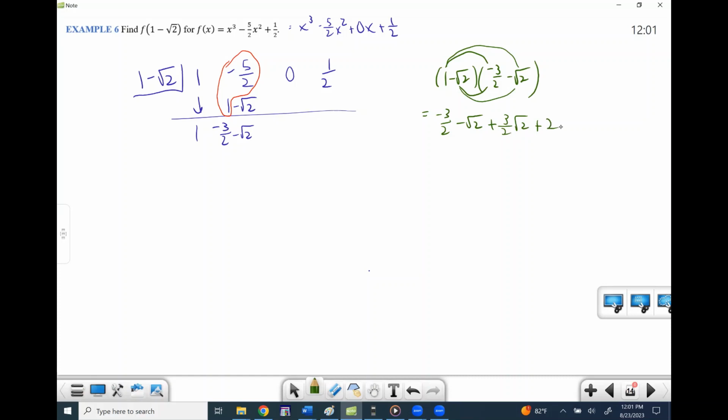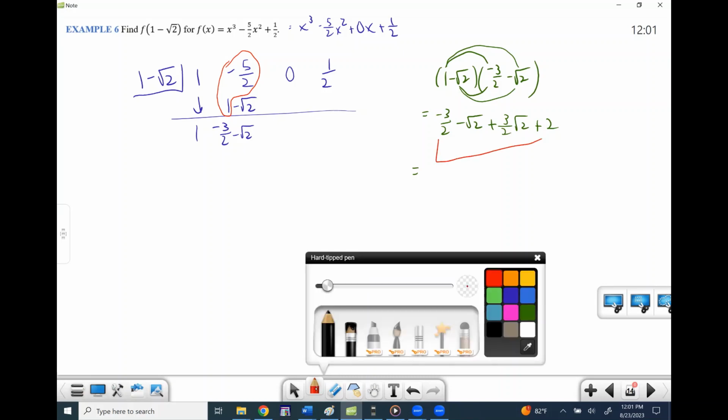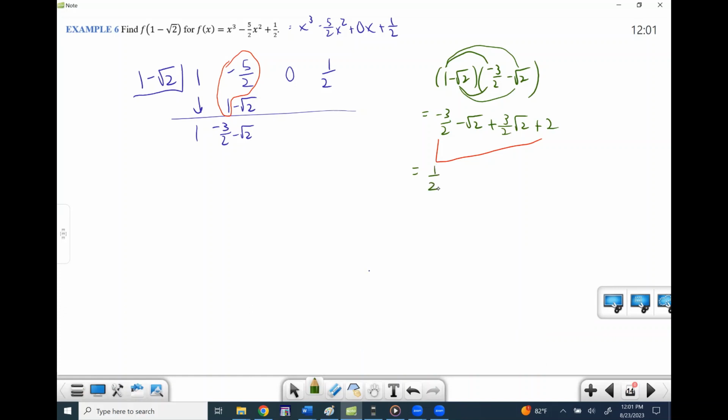So let's go ahead and combine these together. So that's going to get you 1/2. And then remember there's a 1 in front of that. So basically we're just doing negative 1 plus 3 halves. So that's just going to be 1/2 also. Let me make sure that we check our fractions, okay?